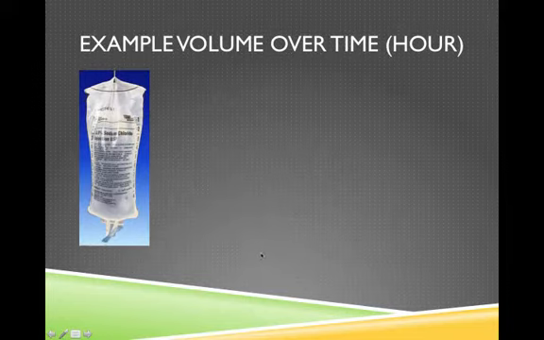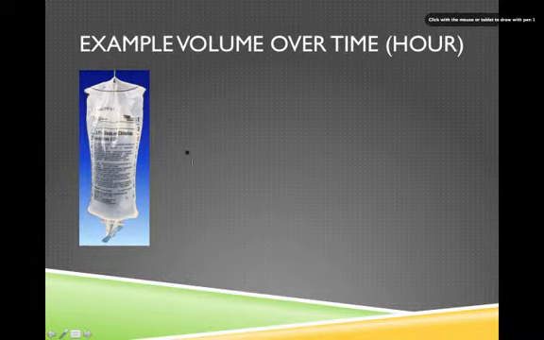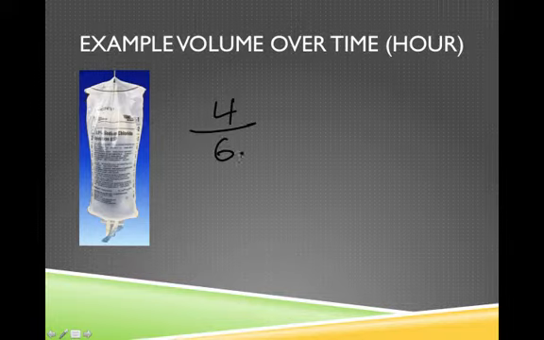So let's say that the doctor ordered 4 of these, what we see right here, which is 1 liter bags or 1,000 milliliters. He ordered 4 of these over 6 hours.